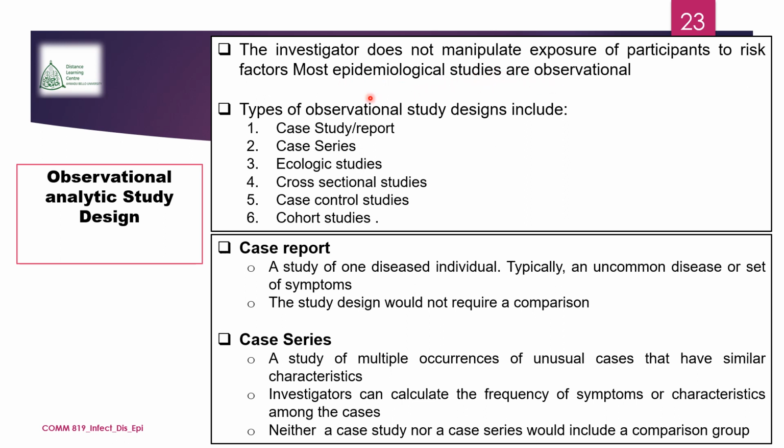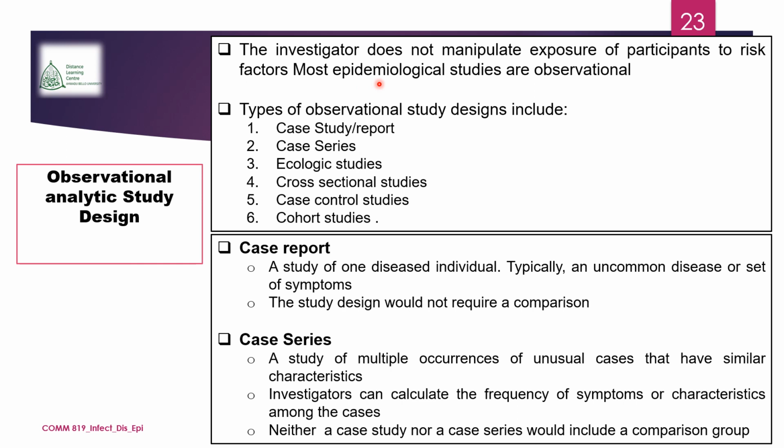Okay, all right. So types of observational study design include case study or case report, case series, ecological studies, cross-sectional studies, case control studies, and cohort studies. I've said this earlier. Okay, so now let's look at them one after the other, because these are the studies that are most relevant to public health practitioners.